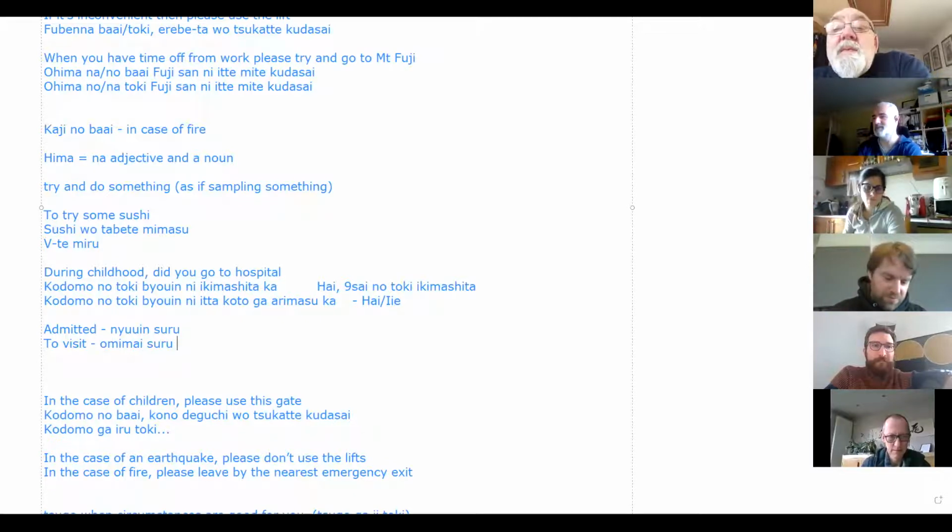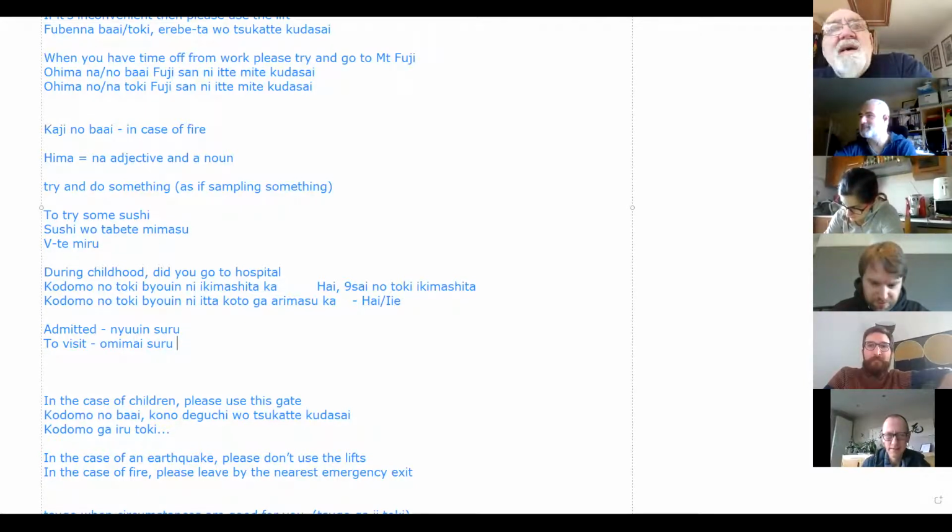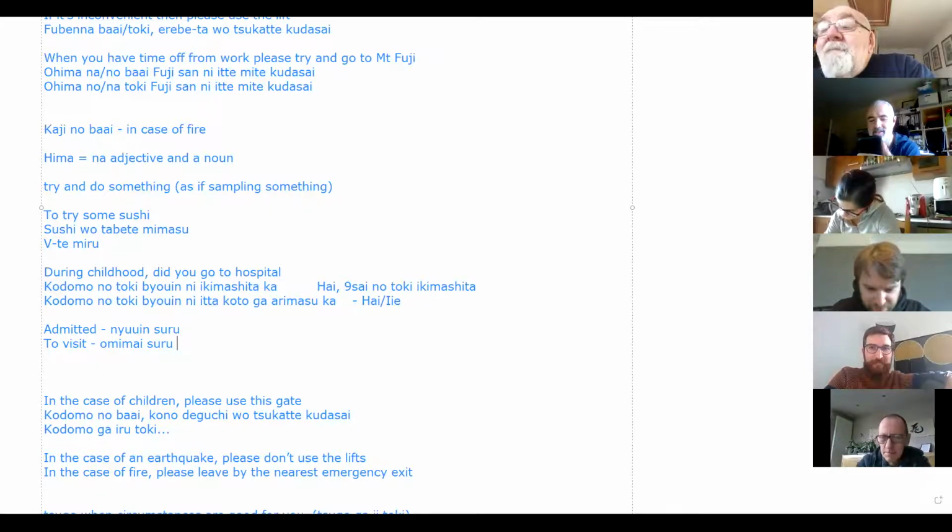Omimai suru. Which is also, but Jock, isn't this also giving somebody money after they're sick as well? I don't know. I'm not sure. Check. I'm pretty sure this has got this double meaning. I think you used it to ask for money before. Yeah, I think when Sensei had his accident. We used omimai to give money, didn't we?